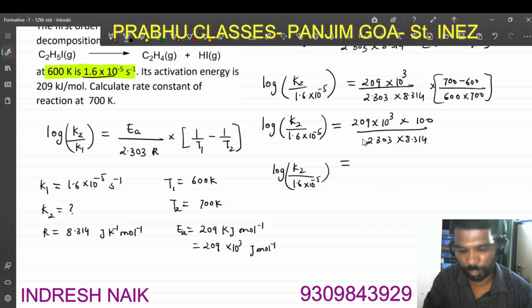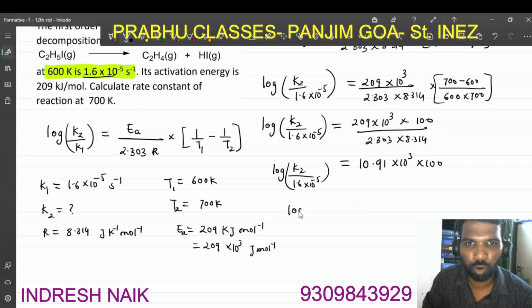So this value we'll find: 209 divided by 2.303 divided by 8.314, right? That value comes to be 10.91 into 10 raised to 3, into 100.